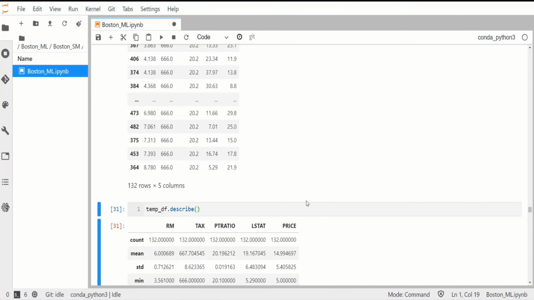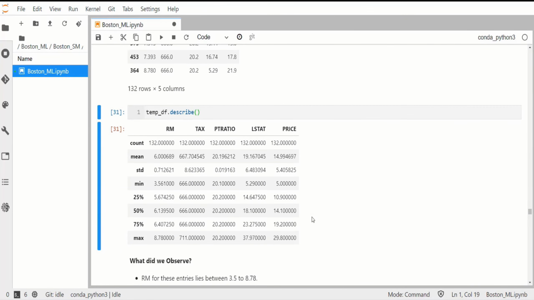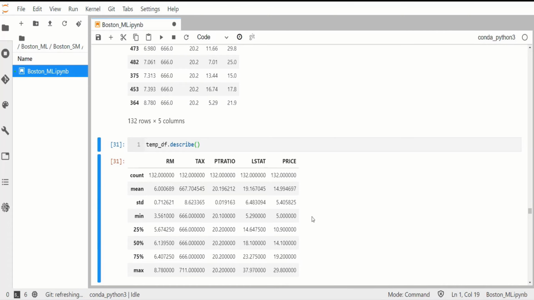So what do we observe here? The RM value, the average rooms per dwelling, lies between 3.5 to 8.78. Then we see that the PT ratio for almost all of these entries is the same and equal to 20.20.